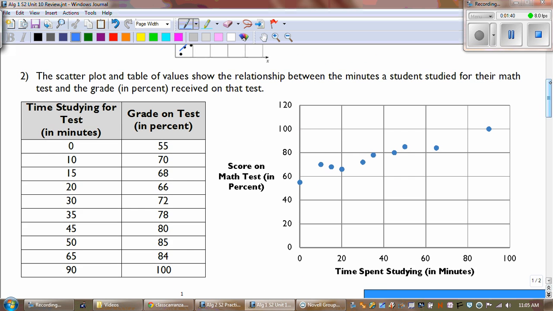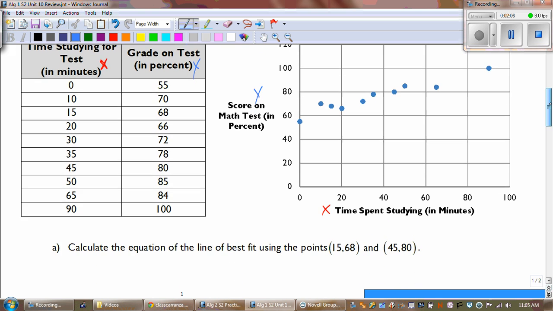All right. Number 2 says the scatter plot and table of values shows the relationship between the minutes a student studied for their math test and their grade in percent received on that test. Okay. So some of the things I noticed right away: my time studying is the X value and the grade is the Y. Let's look at what the first one says.